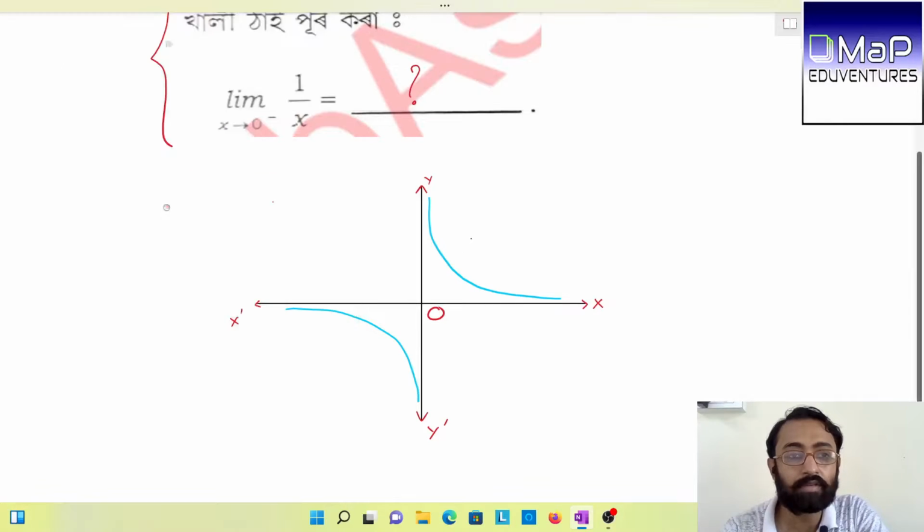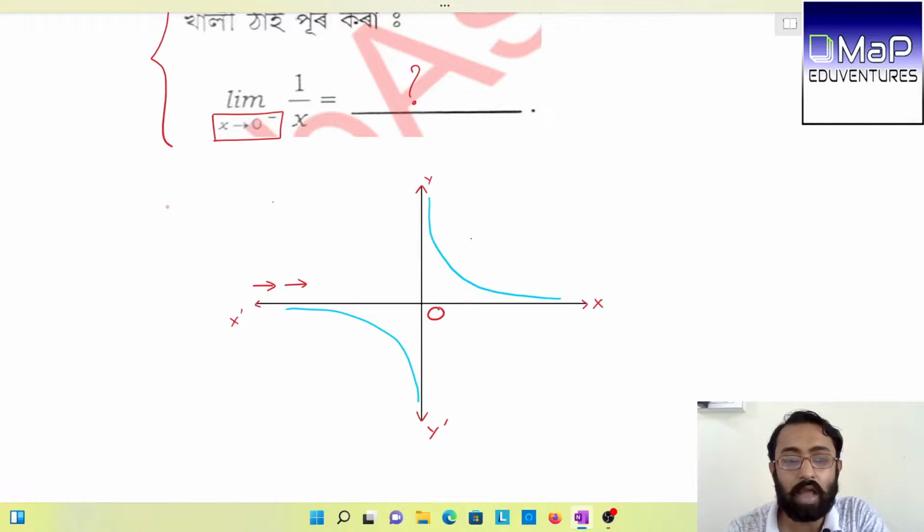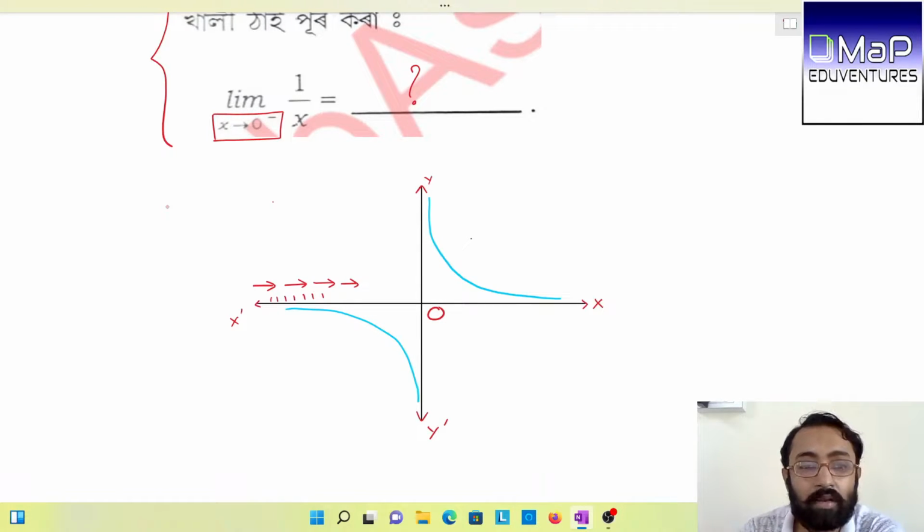Alright, so now if we see, we are given the limit x tends to 0 minus, that is we are going towards 0 from the left. So on the x axis, from various points you are going towards the origin, that is x equals 0. Now in that moment, if you observe the behavior of the function 1 by x, as you move towards the origin it will start going downwards and more downwards.